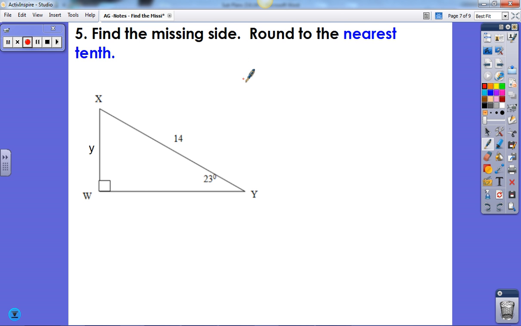In this triangle, I'm looking for the opposite, and I have the hypotenuse, so that's going to use sine. So I've got sine of 23 equals opposite over hypotenuse.